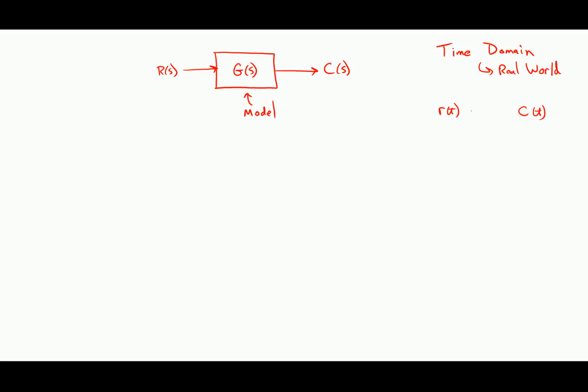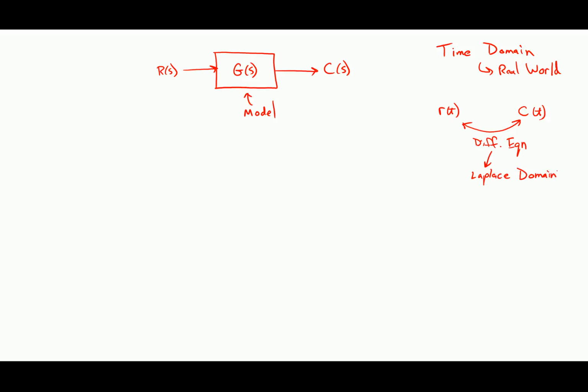Well, the way to get from R of t to C of t is a differential equation, okay, which we know to be a painful process. So we move everything over to the Laplace domain because it makes the math simpler. So we can convert that differential equation to the Laplace domain to make everything simple.